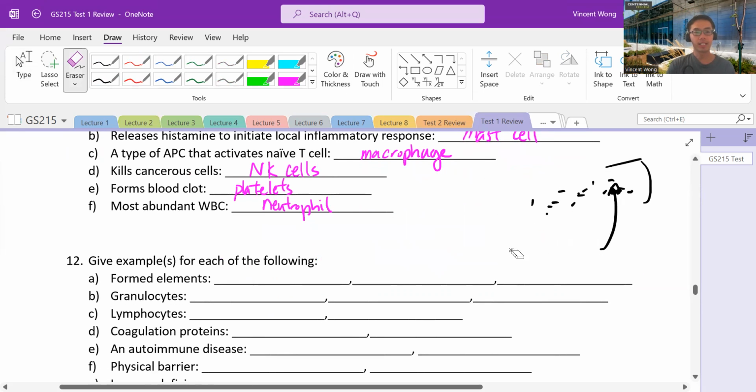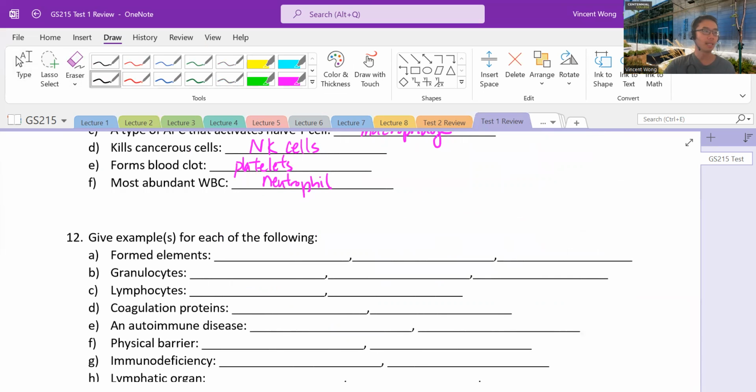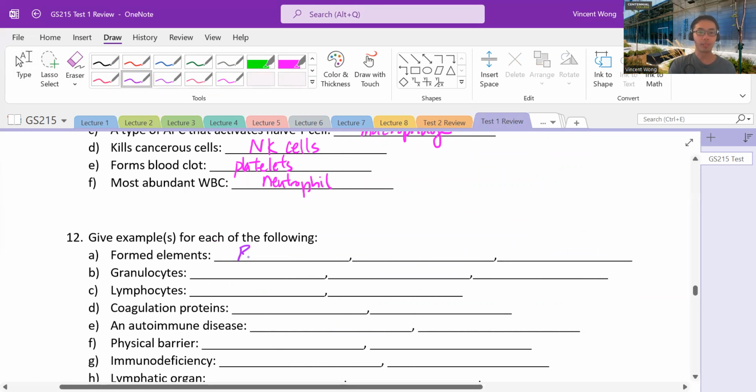All right, give examples for each of the following. Formed elements. Formed elements is just another way to say blood cells. I don't know why they can't just call it blood cells. Why do they have to make it so complicated? I do not know, but here they are: red cells, white cells, and platelets.